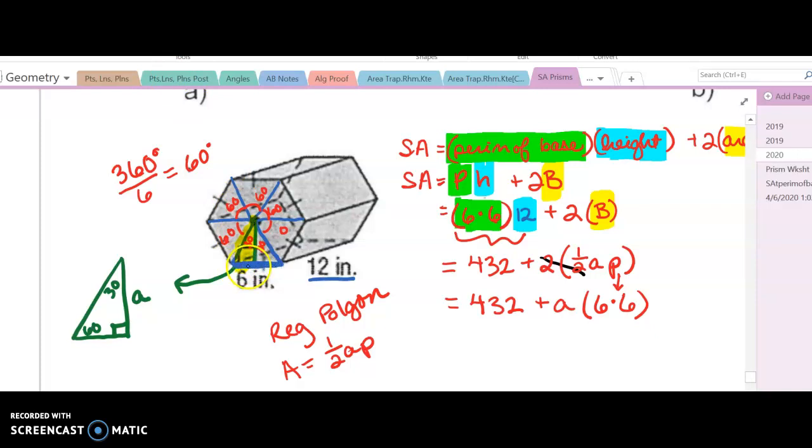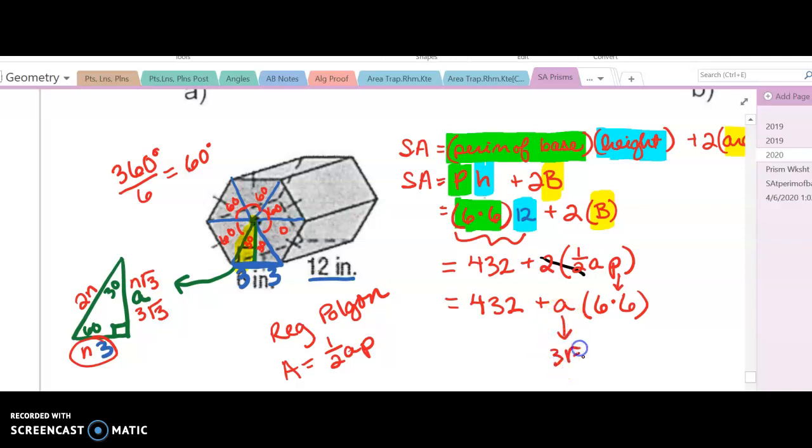So I would bust up that 6 into 3 on this side and 3 on this side. On a 30-60-90, across from 30 is n, the hypotenuse is 2n, and the side across from 60 is n square root 3. So if our n is 3, then our apothem would be 3 square root 3.